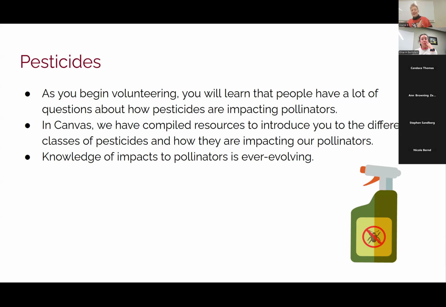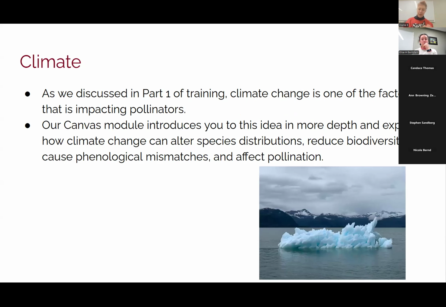Seems like about every 10 years or so, there's a new major change in pesticides. And then research needs to be done and it takes a while. Pollinators are really diverse, so understanding how pesticides affect this broad group of organisms, there's always new research coming out.